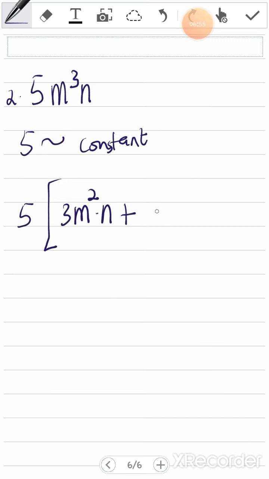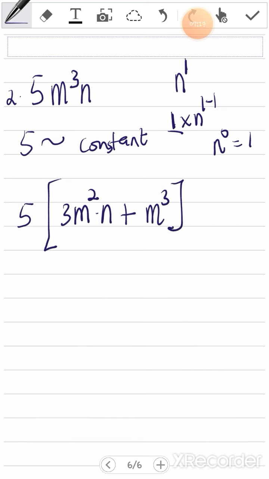When you differentiate n, which is to the power 1, so 1 times n to the power 1 minus 1. Any number raised to the power 0 is 1. So the answer is 1. So n differentiated will be 1 times m to the power 3. Here we're going to get 15m squared n plus 5m cubed. This will be the final answer.